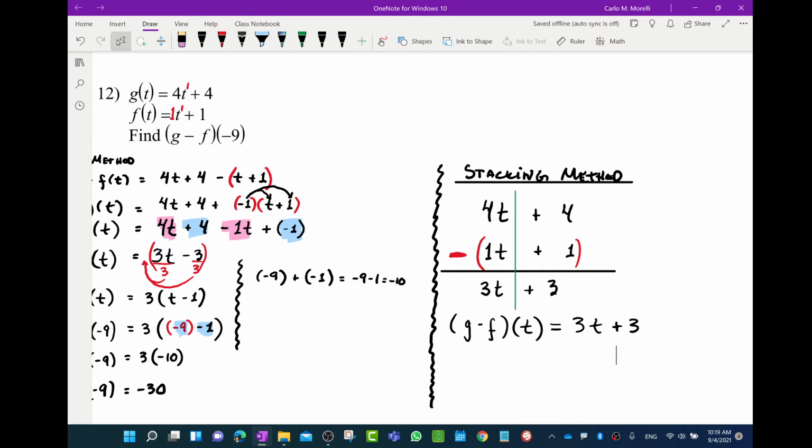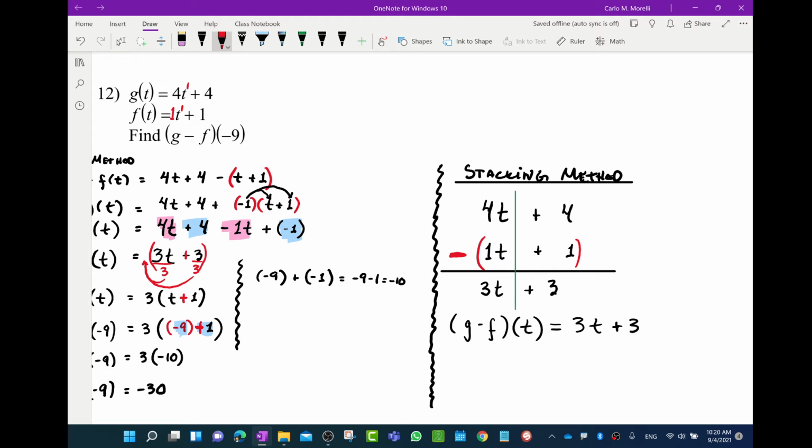Okay, I just noticed a mistake in my own work. Over here, when I was combining like terms, 4 plus negative 1 isn't negative 3, it's positive 3. So this would be t plus 1. So when we evaluated it, it was going to be negative 9 plus 1. Not negative 9 minus 1.